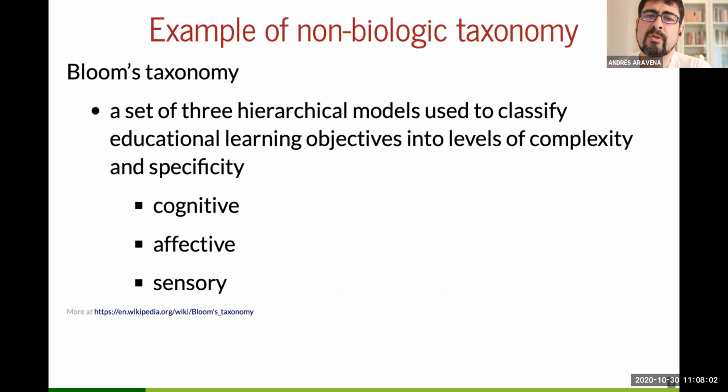For example, something that I discussed in the methodology of science course is the Bloom taxonomy, which essentially is a way to classify how we learn and the things that are important in understanding. So I am putting the links, you can follow them later, but just to be clear, taxonomy is not something related only to biology.